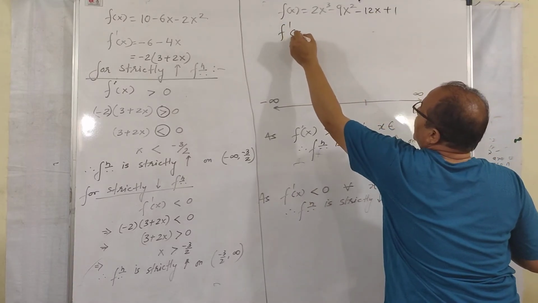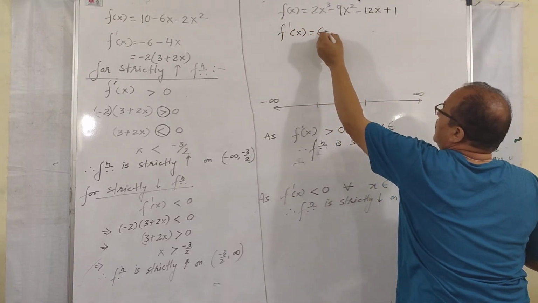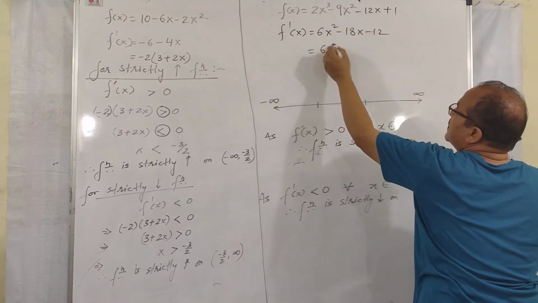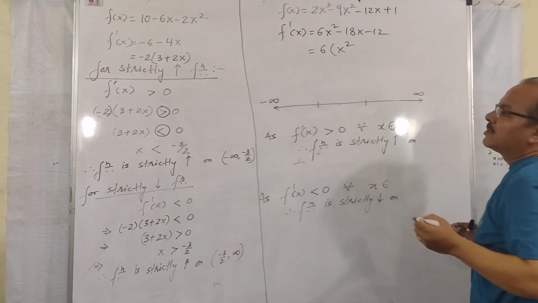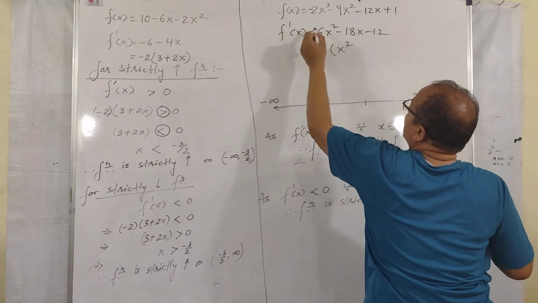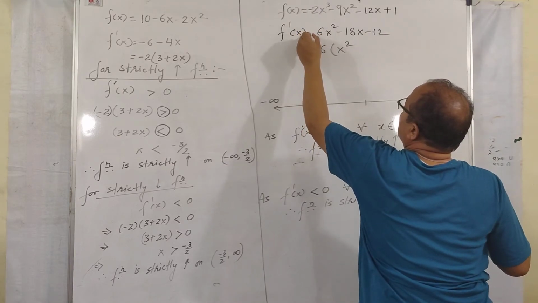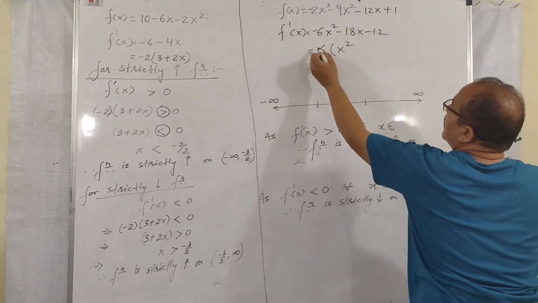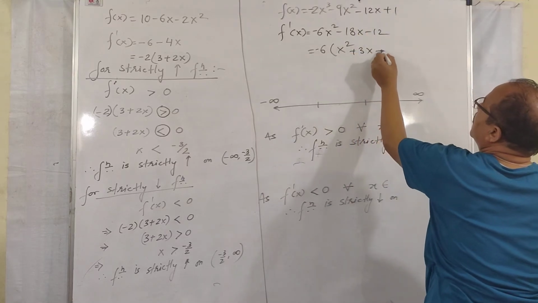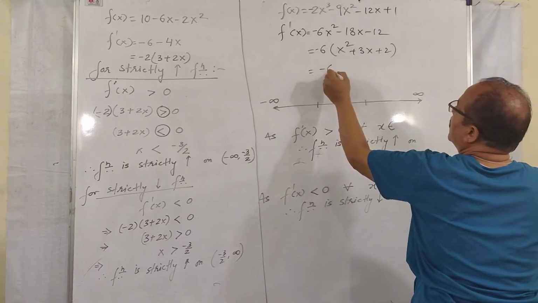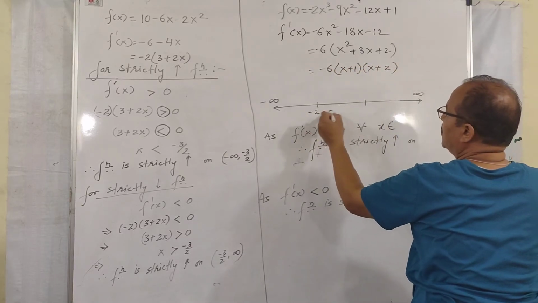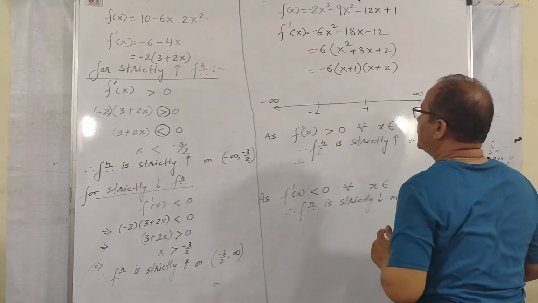So f dash x will be 6x square minus 18x minus 12. 6 we can take common, x square minus 3x minus 2, so it will be x plus 1, x minus 2, so the points are minus 1 and 2.